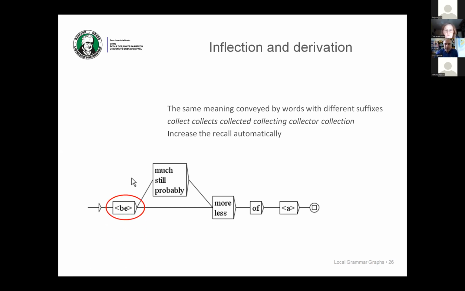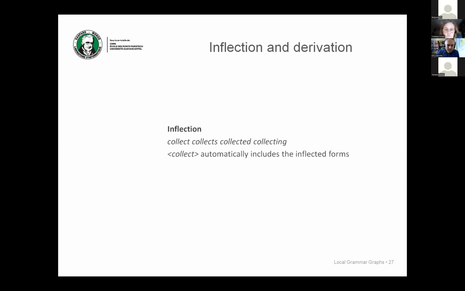You can use this either in the regular expression field or in boxes of a graph. Second example, collect with the angles will automatically include the inflected forms of the verb collect, which are collects, collected, and collecting.